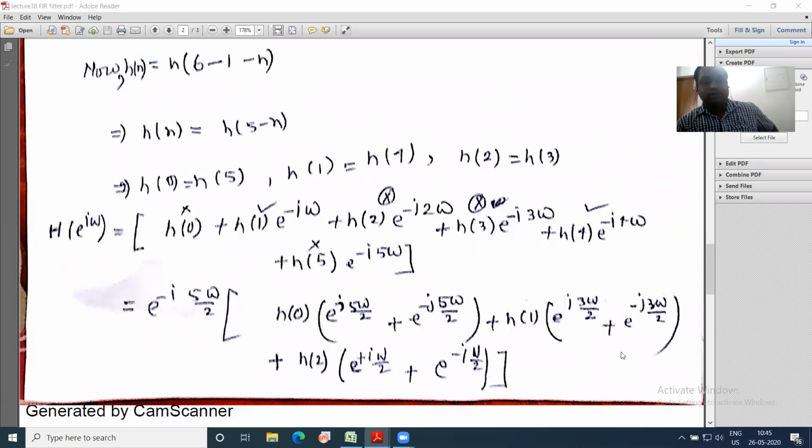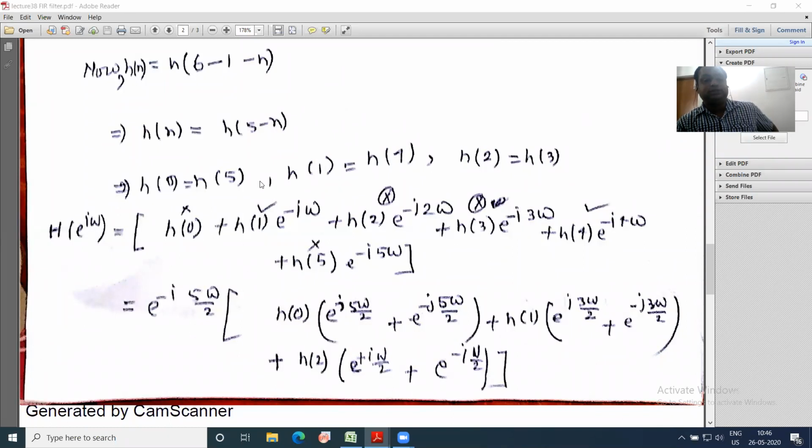Okay, so now next one is h2 into e power minus j2 omega. If we multiply these two, h2 e power j omega by 2 and e power minus j5 omega by 2, this will be equal to e power minus j4 omega by 2, which is minus 2 omega.